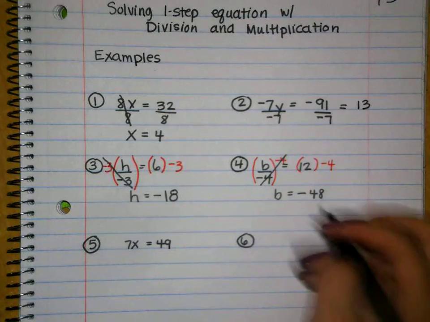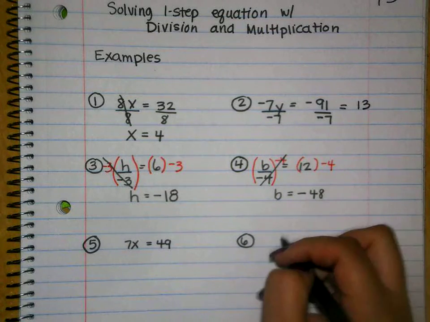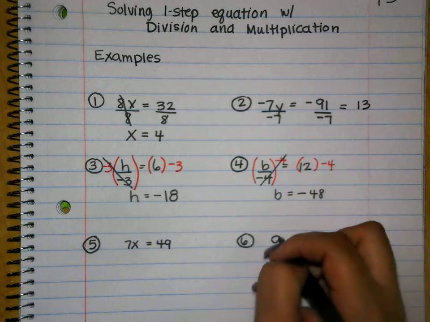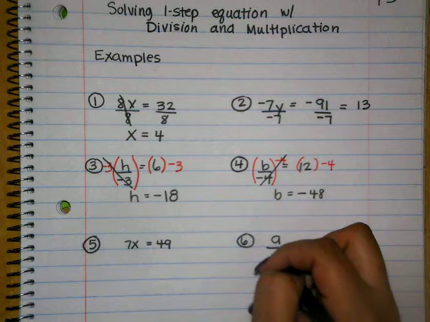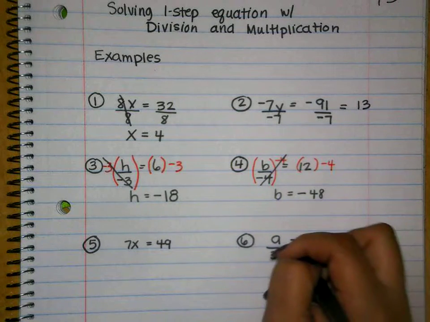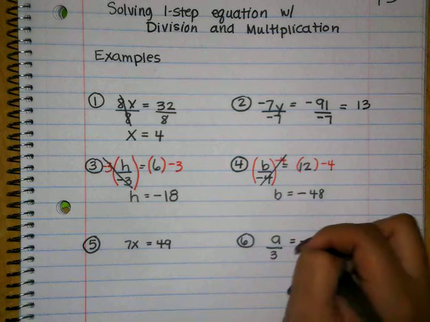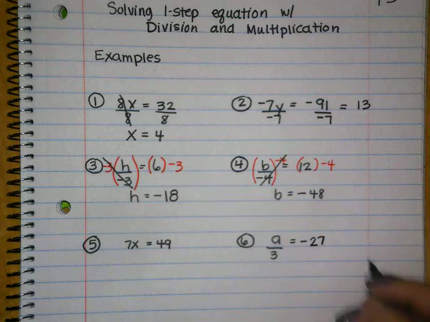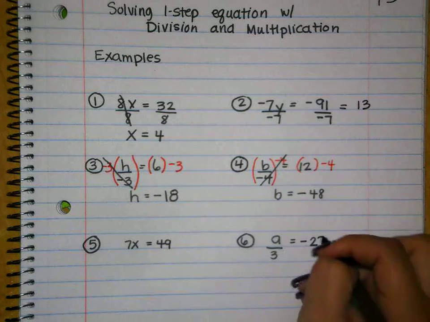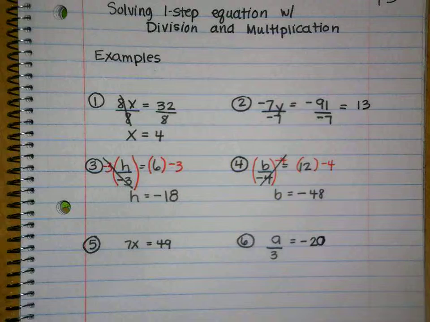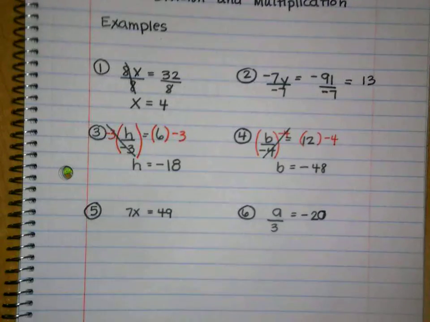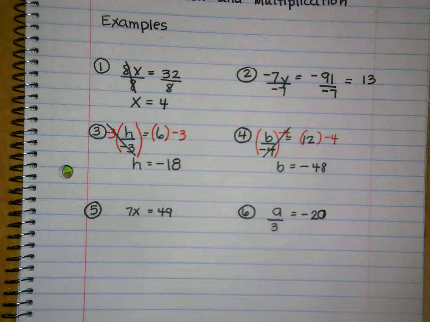And for 6, we're going to do a divided by 3 is equal to negative 20. That's a little better. I'm going to ask you to stop the video and solve these yourself. So we're going to put a pause on this. So go ahead and pause, work out the problem yourself, and then unpause it and see if your answer matches mine.